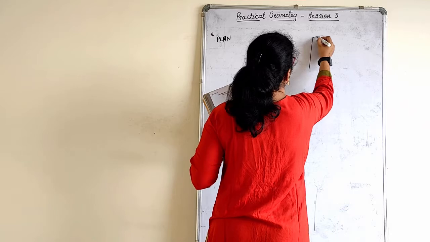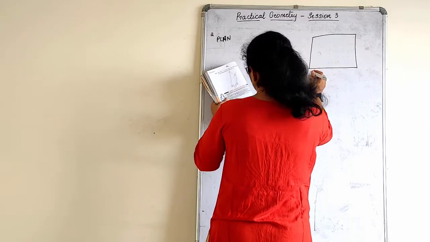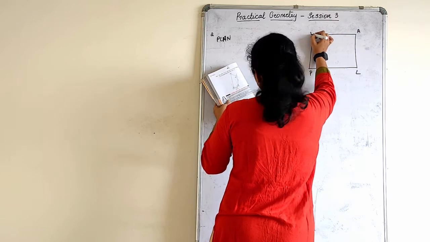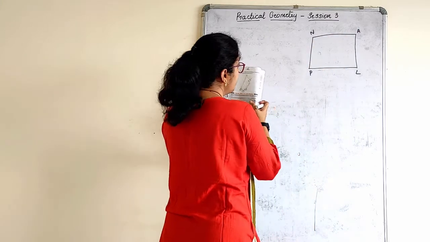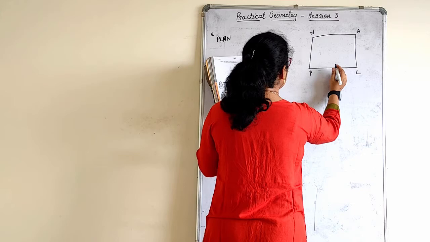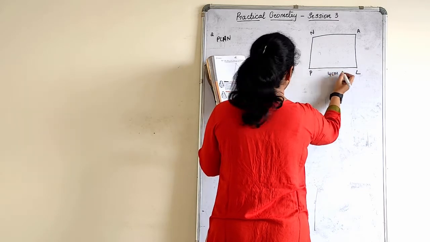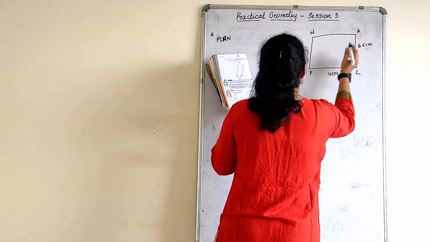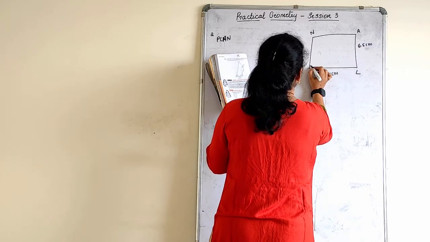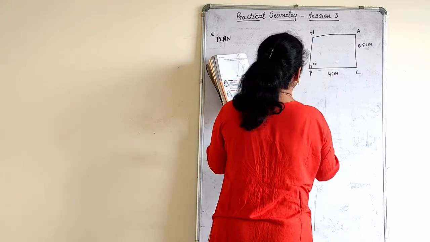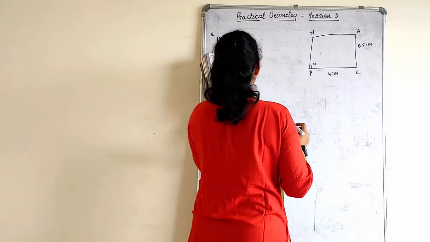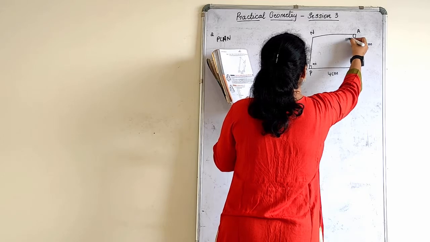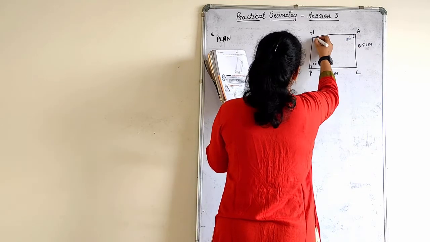Construct a quadrilateral PLAN in such a way that PL is 4 centimeter, LA is 6.5 centimeter, and angle P is 90 degree. Angle L is not given, angle A is given, angle A is 110 degree, angle N is 85 degree.